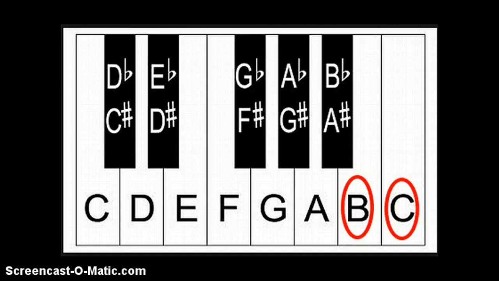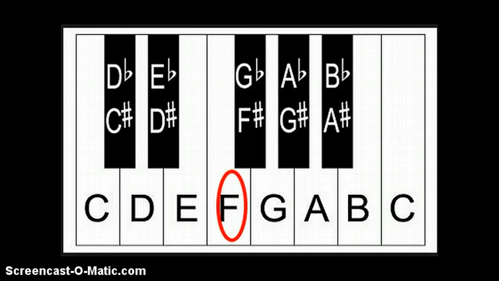Let's do one more example for half steps. Let's say I have the note F, for instance, as circled here. And let's say I want to go up the piano one half step. Where would I go? That's right, I would go to F sharp. Now, say for instance, I want to go down from F by one half step.